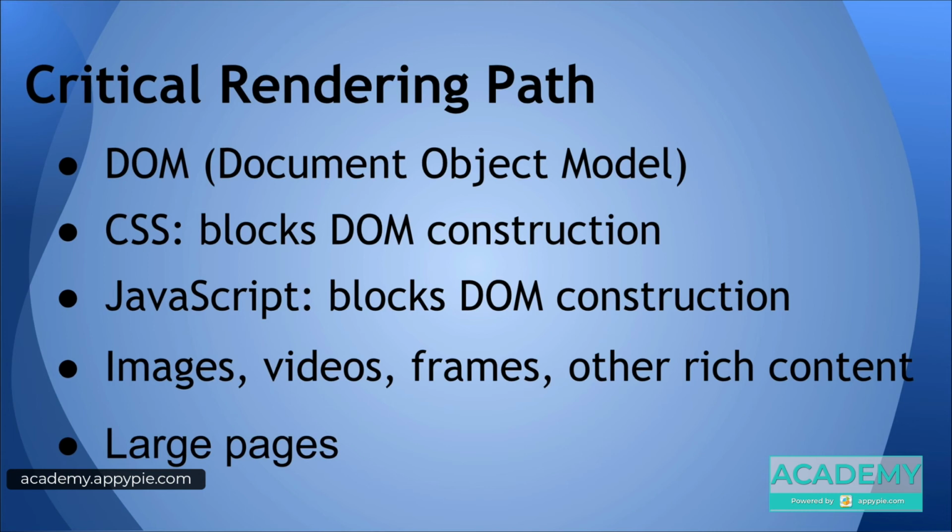A page with a lot of text is not a problem, because text is very fast to download and it doesn't block rendering. But if you have a lot of other elements that take longer to download and block DOM construction, which is to say block rendering, then you have a lot of slowdowns that are not necessarily hard to fix. That's the beautiful thing about it. That's what we're going to get into in this course.